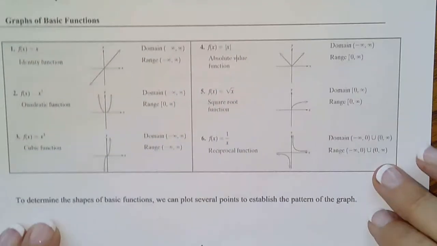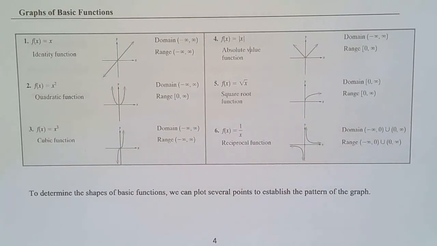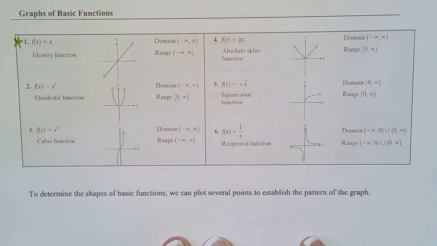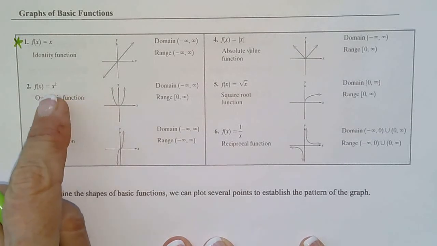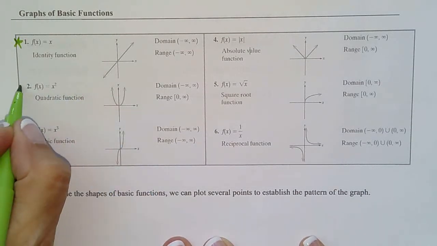So when you get to 150, which is the next class, they make you memorize these. You have what's called a library of functions, and it has 10 functions on it, but this is 6 of them. So we're just going to go over them. I'm not going to make you memorize them. In this section, you know this one, and the rest of our textbook is going to concentrate on these.